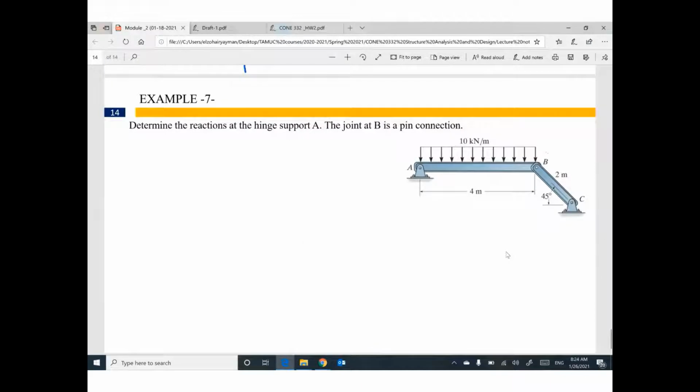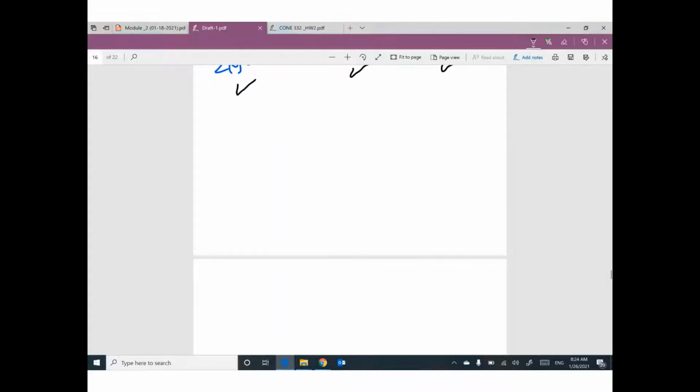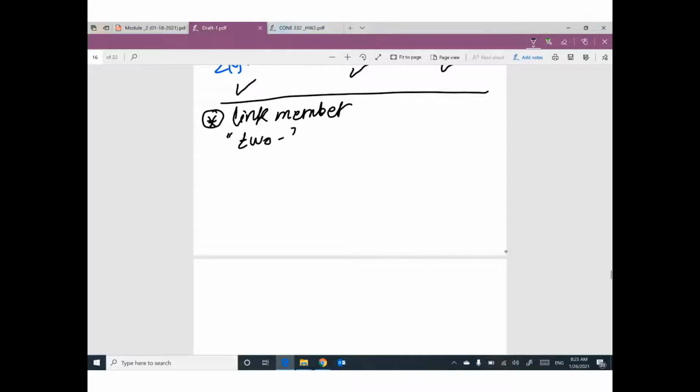Okay, for example number 7 in the homework, we have a new idea for this problem. Sometimes we have something called a link member, or it can be called a two force member.